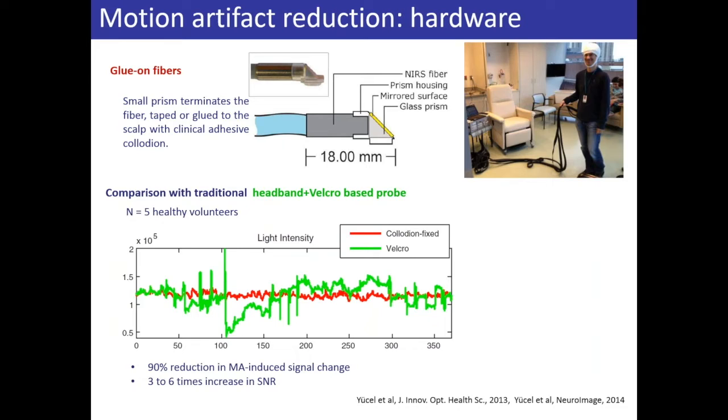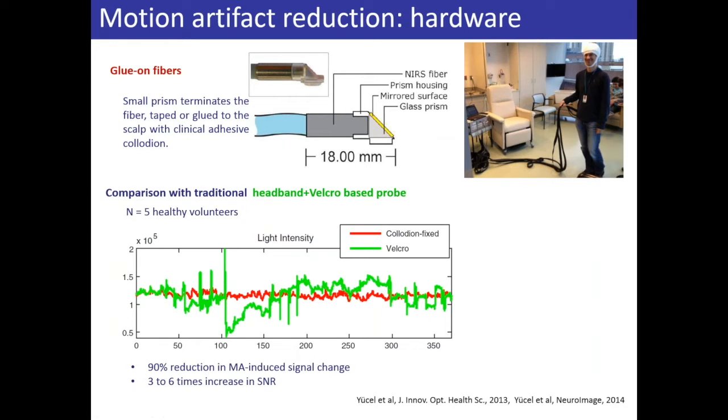On one subject, for instance, on one hemisphere we glued on fibers, and on the other hemisphere we put on a Velcro-based probe. This figure shows the raw signal on 2 channels, one collodion-fixed, which is this red channel here, and one from the Velcro probe, which is this green line.